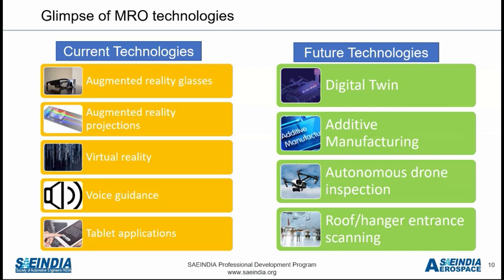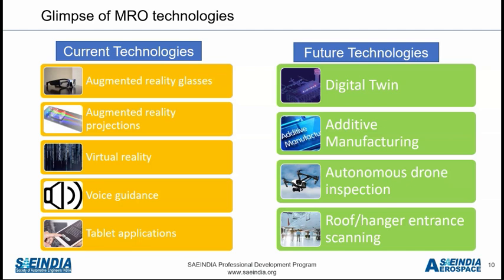So what happens is autonomous drones are getting used nowadays. As soon as the aircraft reaches the hangar, these drones are flown around the aircraft, and they keep capturing all the information through the cameras and all the scanners, and they provide the details to the facilities.